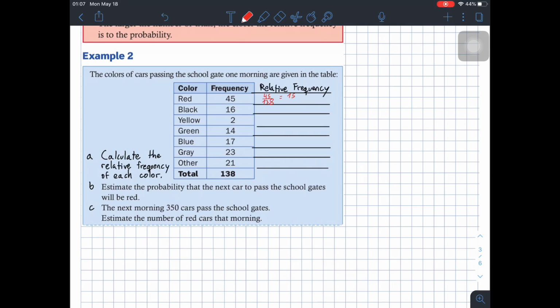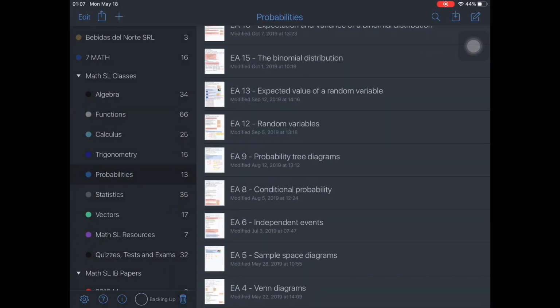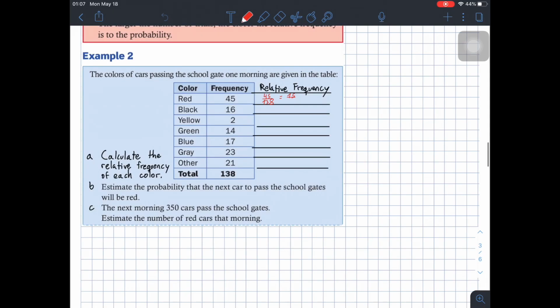Okay, so this is the relative frequency for getting a red car, 15 divided by 46.